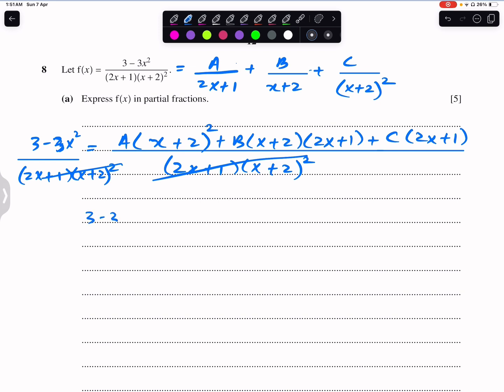So 3 minus 3x square is equal to a times x plus 2 whole square plus b times x plus 2 times 2x plus 1 plus c times 2x plus 1.